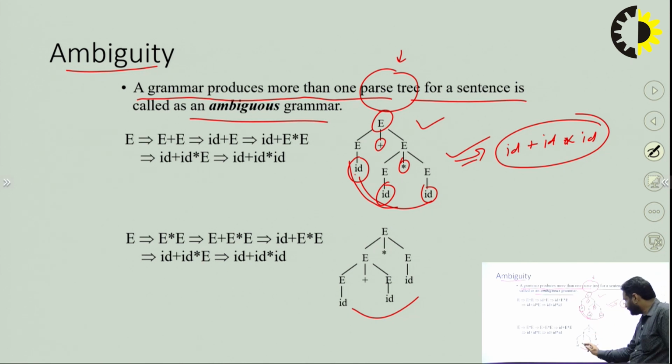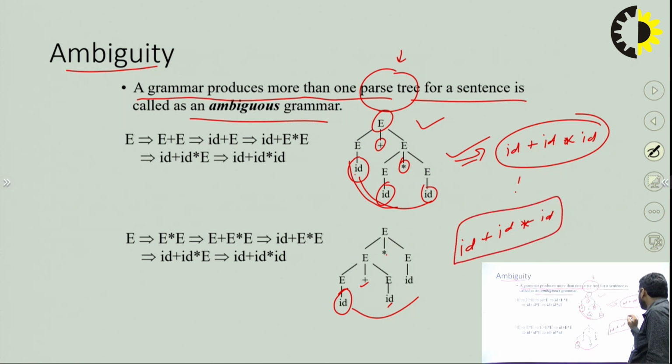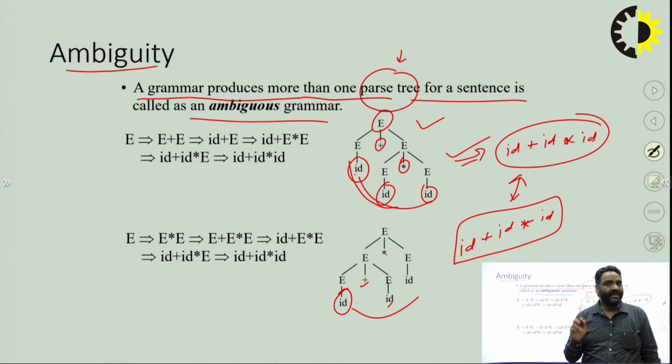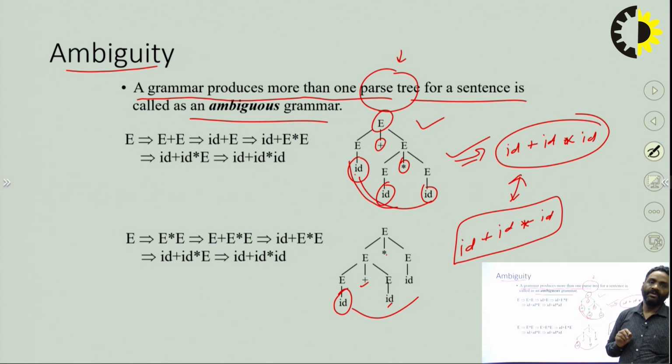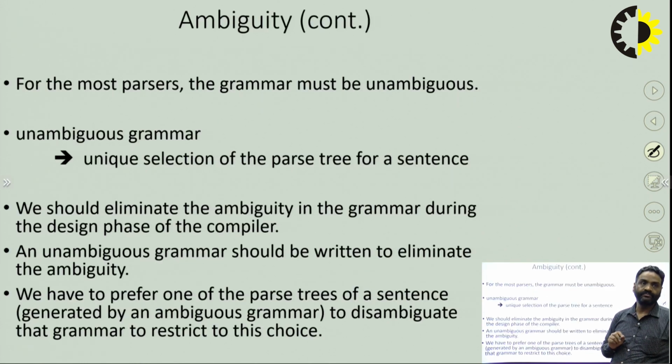And according to this one, let's check the first leaf, then the second leaf, then the third leaf, then the fourth leaf, and finally the sixth leaf. Both are exactly the same. So if more than one parse tree is possible for a sentence, or we can say a string, then this is known as ambiguity, and the grammar is known as an ambiguous grammar.